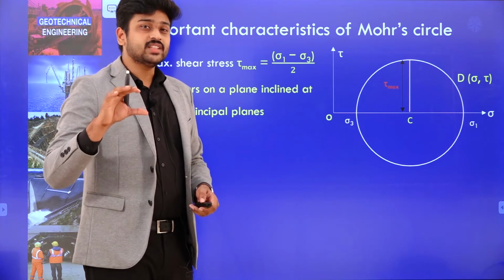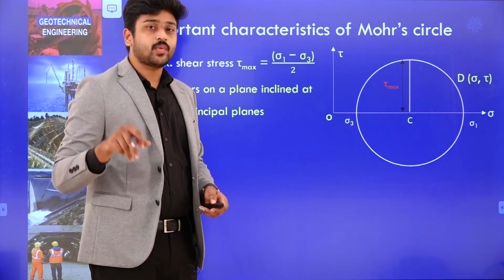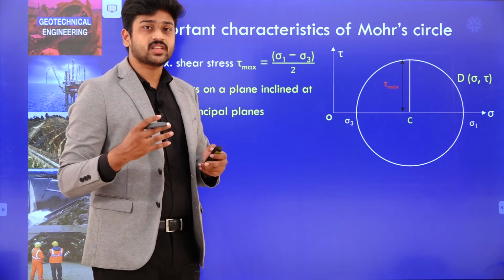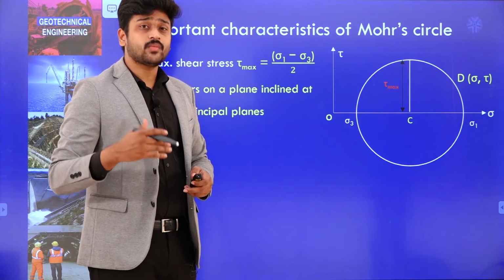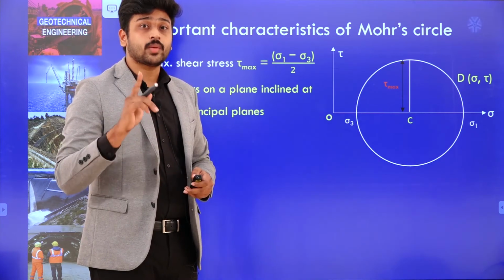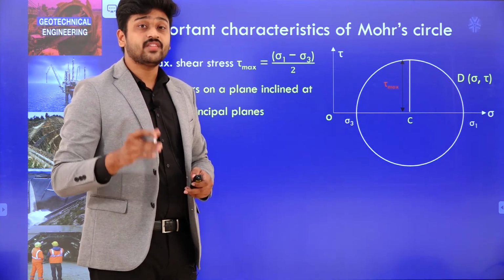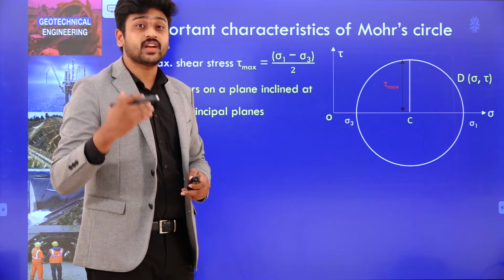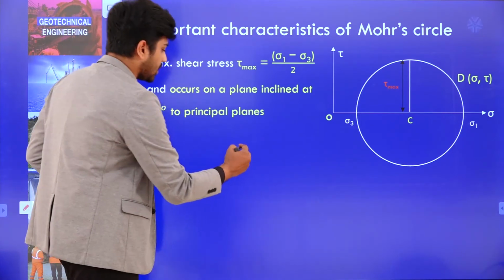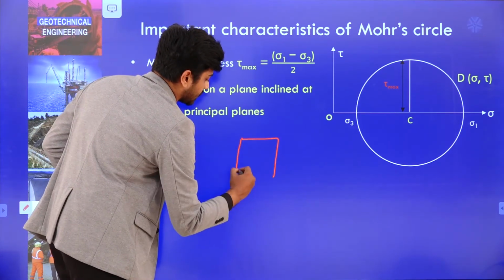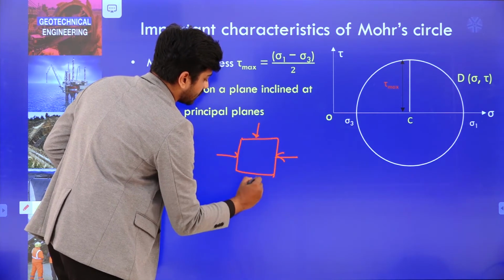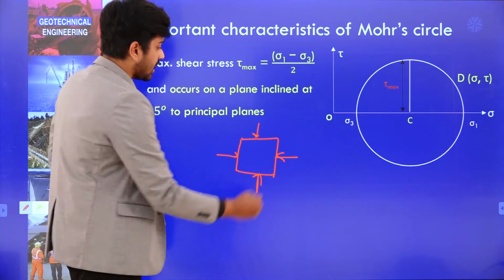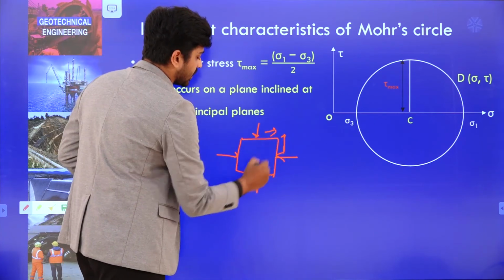In general, if you consider the two dimensional body which is stressed in all the directions along with shear stress, the maximum value of shear stress can be obtained on a failure plane which is inclined at an angle of 45 degrees. Imagine this is a particular plane, a completely stressed body due to external loads, with shear stress also applied.